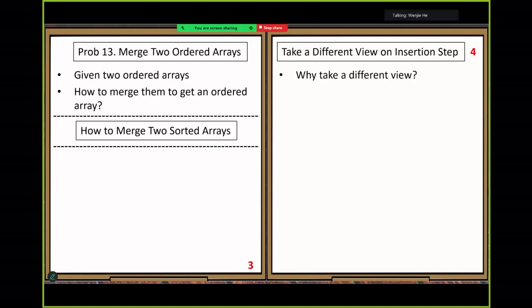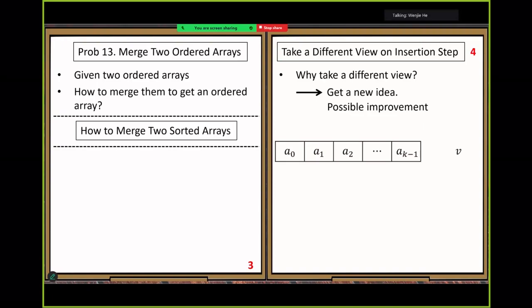So for a typical insertion step, let's recall: how did we do the insertion operation? Given an ordered array and one element, we want to do the insertion.